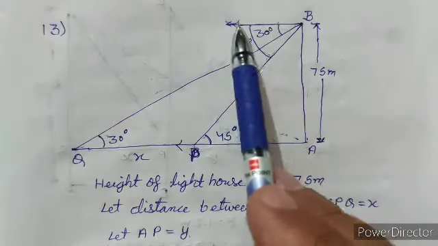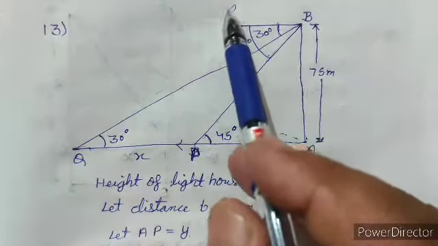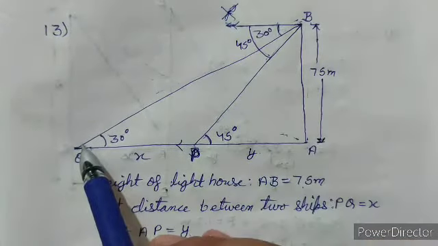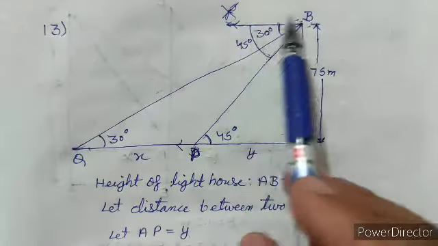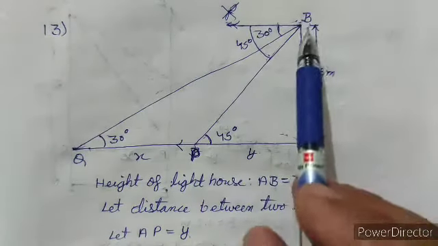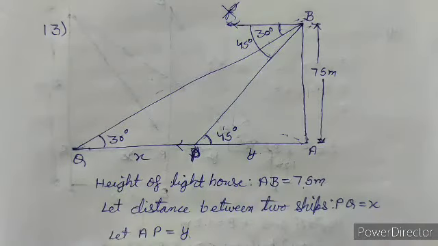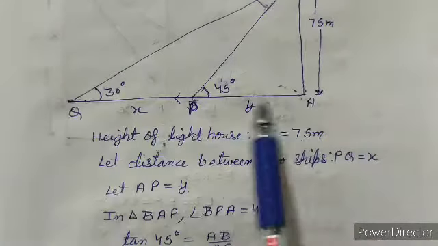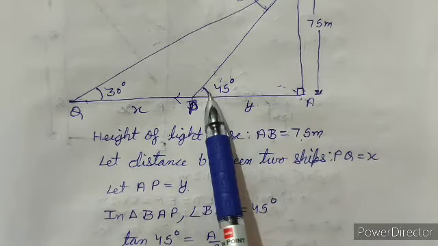And angle XBQ will be equal to angle BQA and angle XBP will be equal to BPA, as these are alternate interior angles. Now, in triangle BAP, which is right angled at A, angle P is of 45 degree.